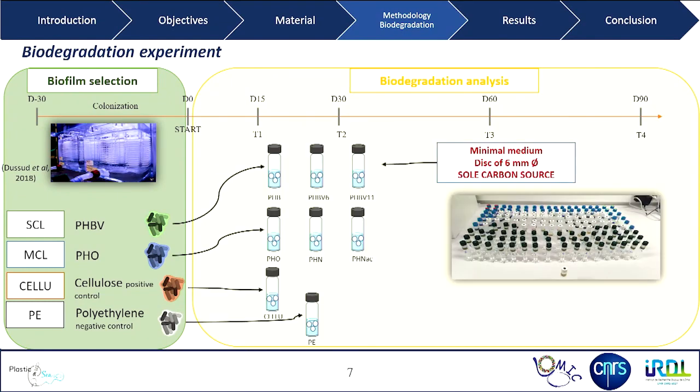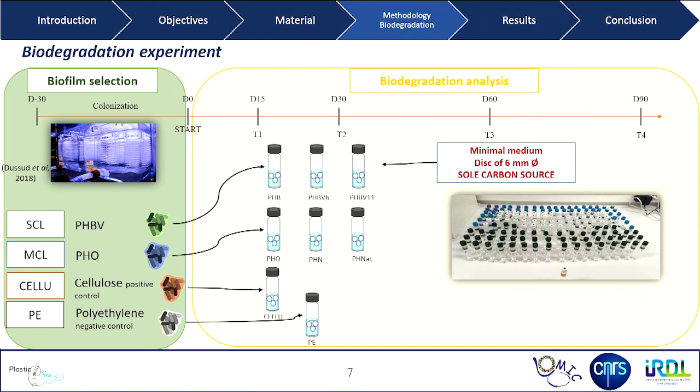After 1 month, we detached the bacteria, and we inoculated new tubes with the polymer previously produced, according to the right inoculum for the polymer. The tube contained discs of PHA in minimal medium, and PHA was the sole carbon source, so the signal we get is the biodegradation of the polymer from the microbial community.